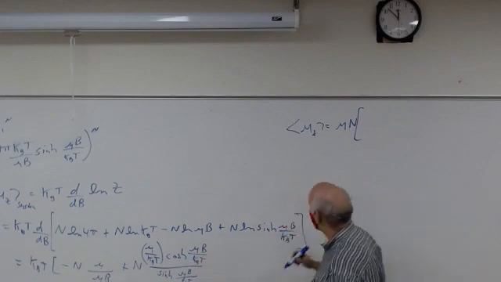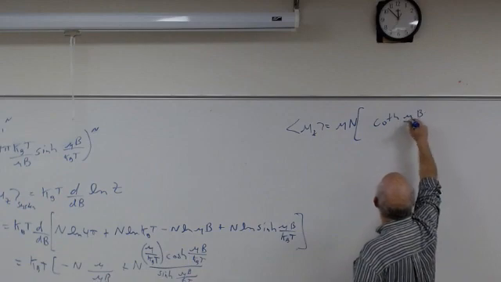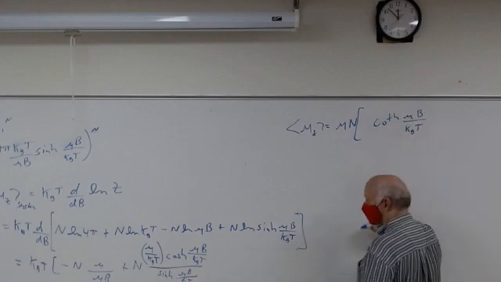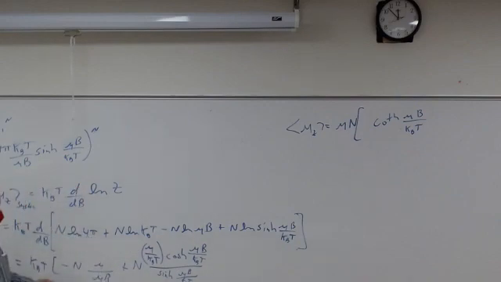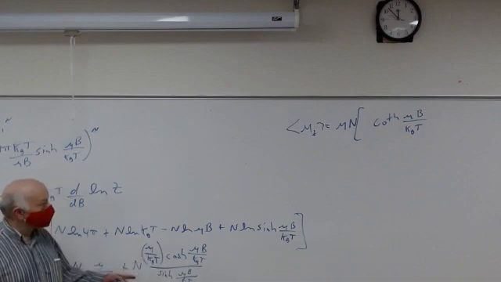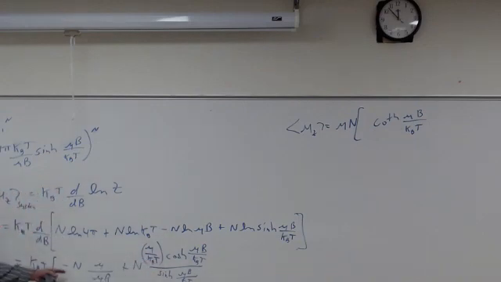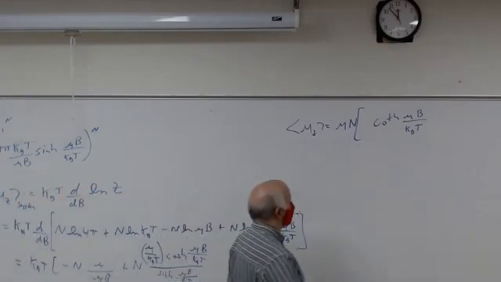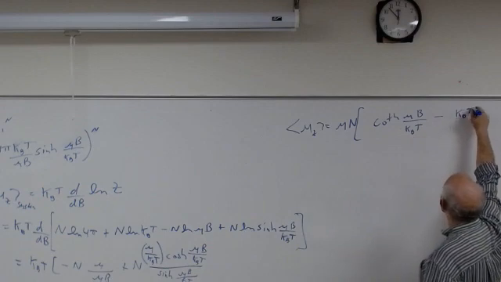This becomes the hyperbolic cotangent of mu B. Okay. Right? This term here cancels this term here, and I have a mu and an n that I factored out. So I get a minus sign here. Minus, and left with kB T.